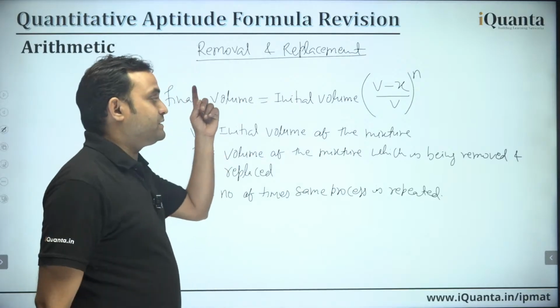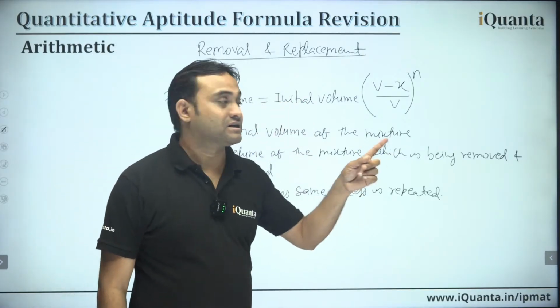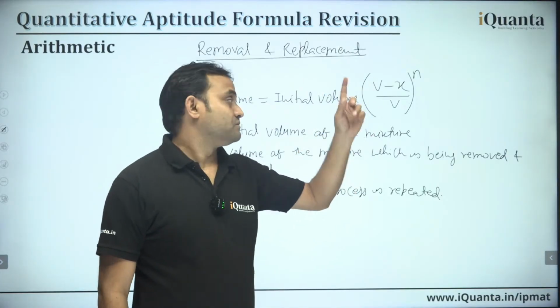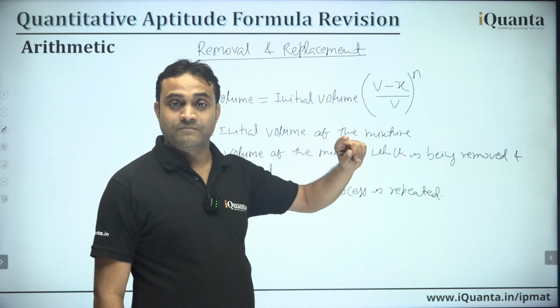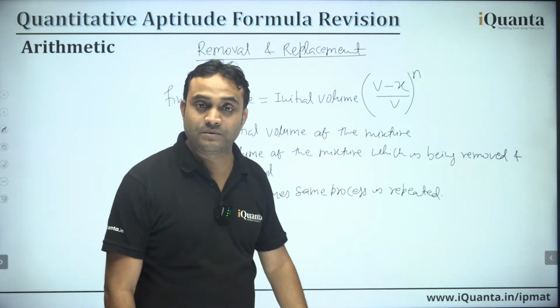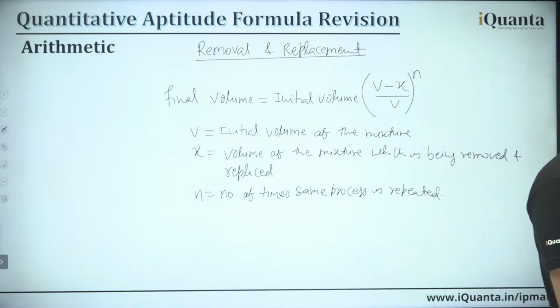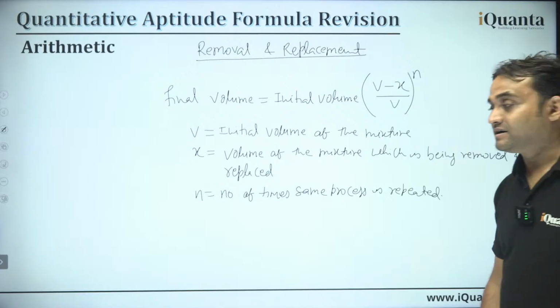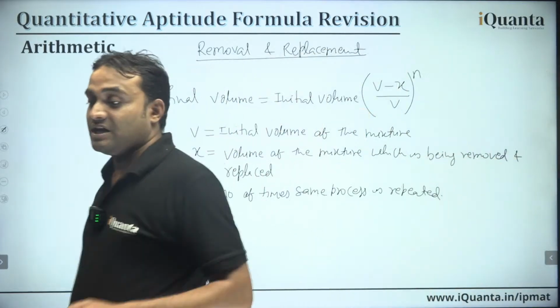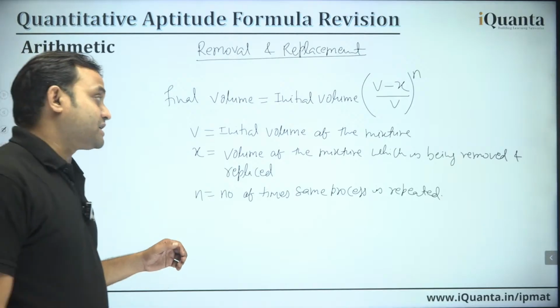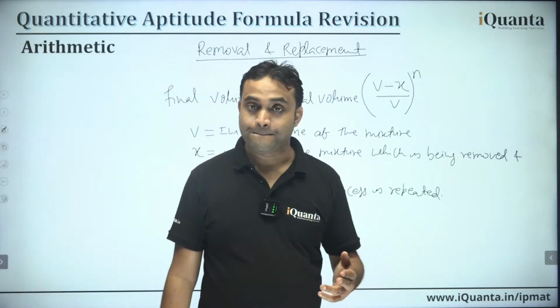Final volume will be initial volume of milk, 80, into (100 minus 15) divided by 100, to the power 2, because the same process is repeated 2 times. If it's repeated 3 times, we will use 3. If it's repeated 4 times, we will use 4.